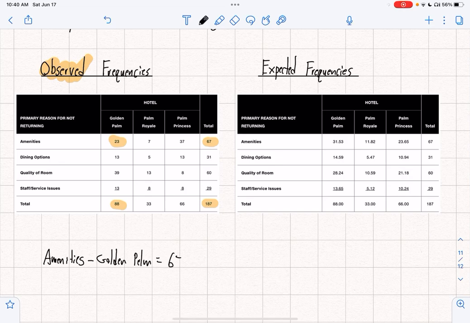If you do that, you'll get 31.53, which is where this number comes from. So it's exactly the same as before. You just take your row total times your column total divided by your overall total, and that gives you the expected value. Okay.